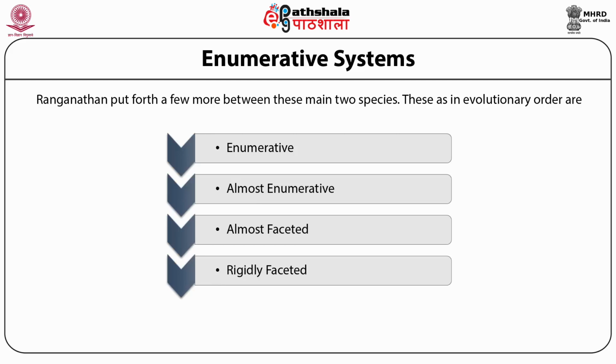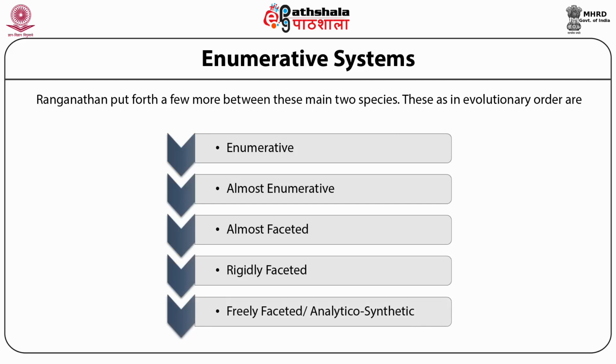Then comes the rigidly faceted classification. Looking retrospectively, the first edition of classification by Ranganathan, that is Colon classification, is now termed as rigidly faceted classification, because in those days the facet formula was rigid. Then he evolved, refined that rigidly faceted classification into freely faceted classification. And freely faceted classification is also known as analytico-synthetic classification.